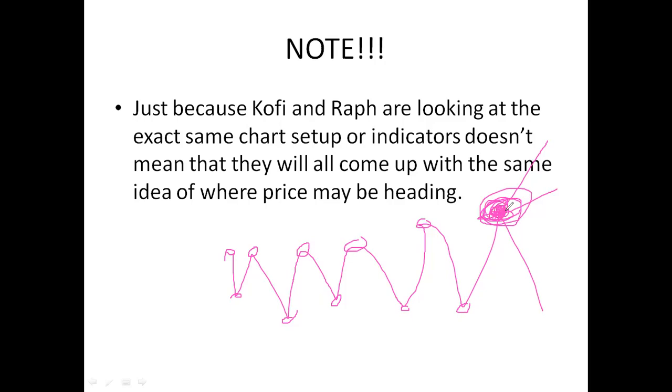So when it comes to decision making, we are all looking at the same thing at the same time, but when it comes to decisions, we might be taking different decisions. We might be taking a different approach. This is what I want you to take note of.